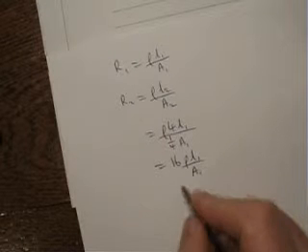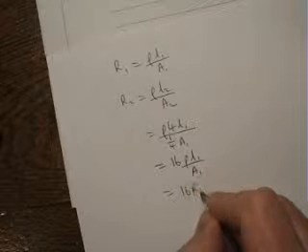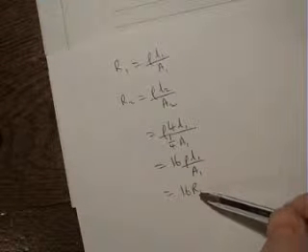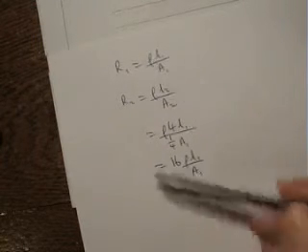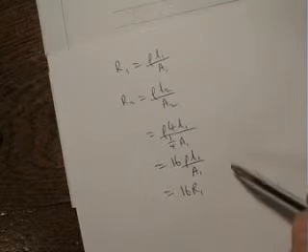And ρ L1 over A1 is the original resistance, R1. So I've shown that the new value of resistance is 16 times the old value. The advantage of this method is that using ratios crops up all over the place. If you can manage this, there'll be all sorts of questions you can answer.